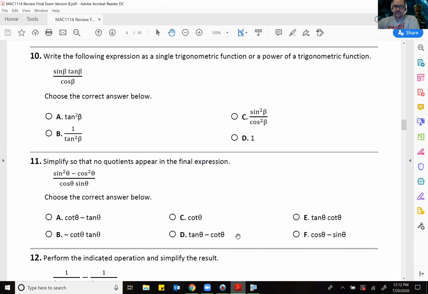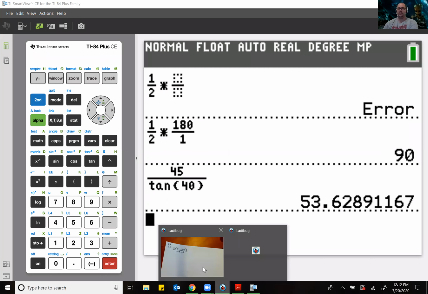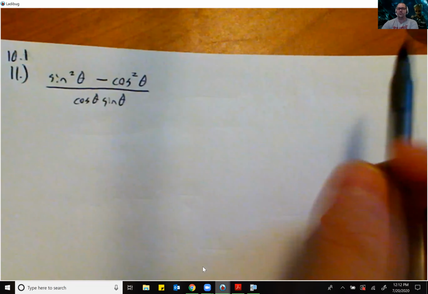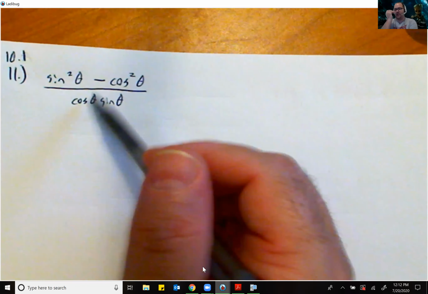All right, so we got sine squared theta minus cosine squared theta all over cosine theta sine theta. So they want to get rid of the division. That means we got to cancel out the cosine and cancel out the sine down below.